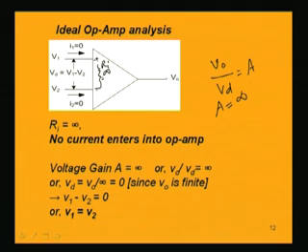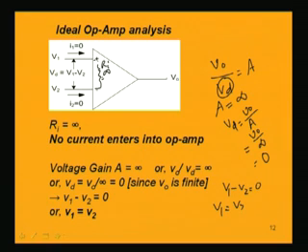So what will happen is that V d is equal to V naught by A, which becomes V naught by infinity, which is equal to 0. What this means is that for an ideal op amp, the difference voltage is 0, that is V 1 minus V 2 is equal to 0, that means V 1 is equal to V 2.